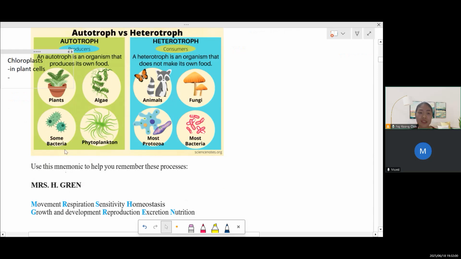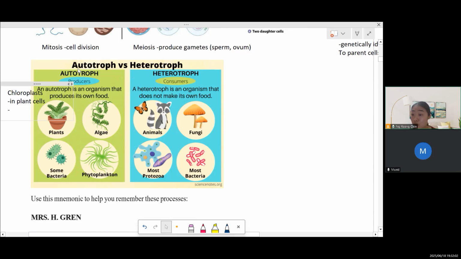This is what we call autotrophic nutrition, or autotroph. Autotroph means they produce their own food.